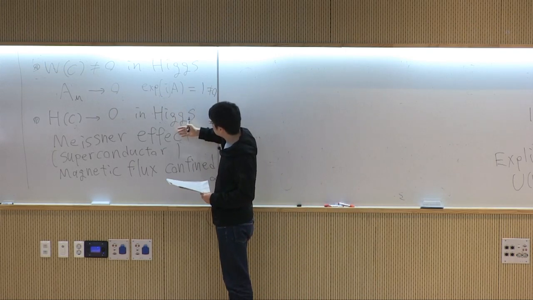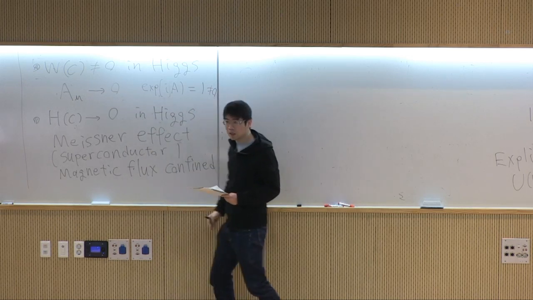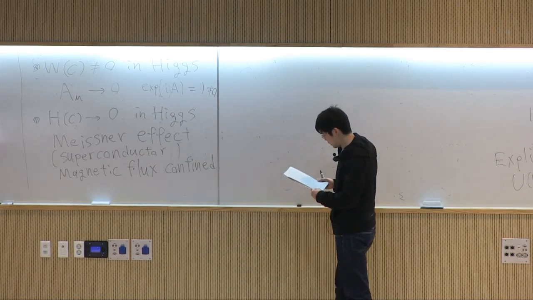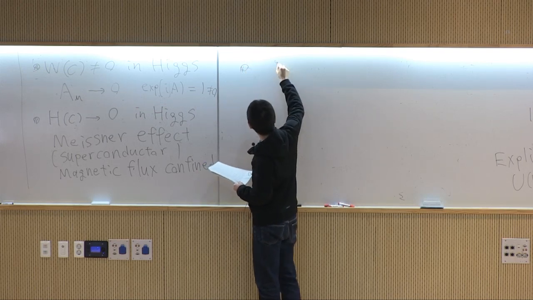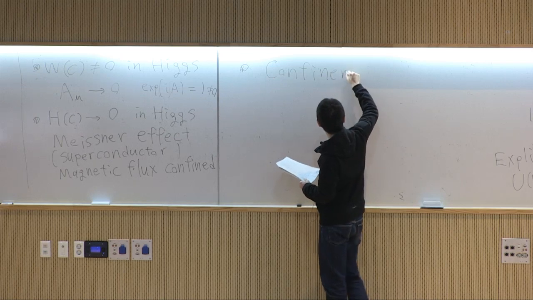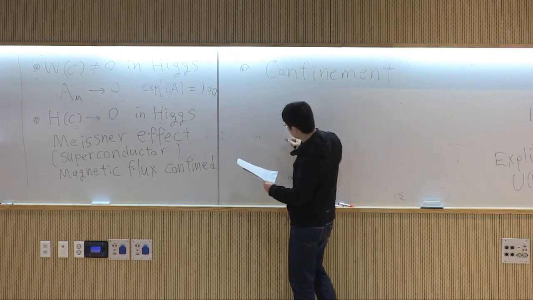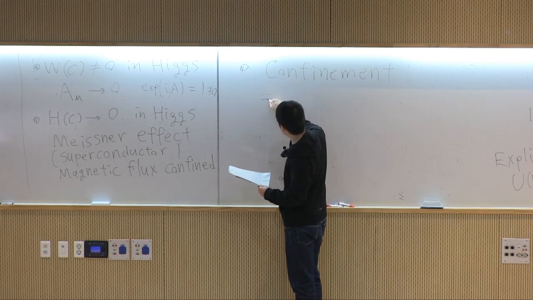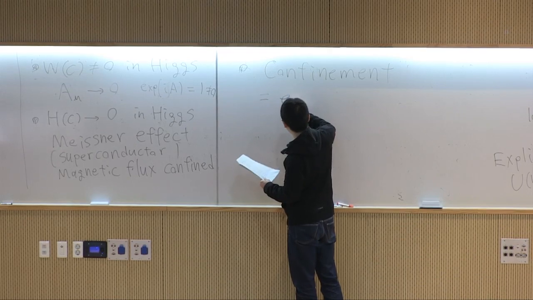So in the Higgs phase, we can explicitly see this behavior. And confinement can be considered as an electric-magnetic dual of the Higgs phase.